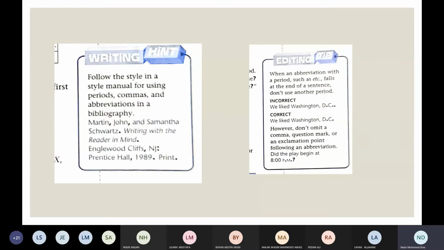So here, Writing with the Reader in Mind is the title, written by Martin June and Samantha Schwartz. It is in a bibliography. What is a bibliography?